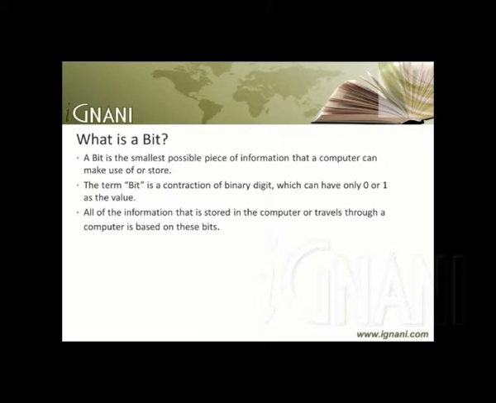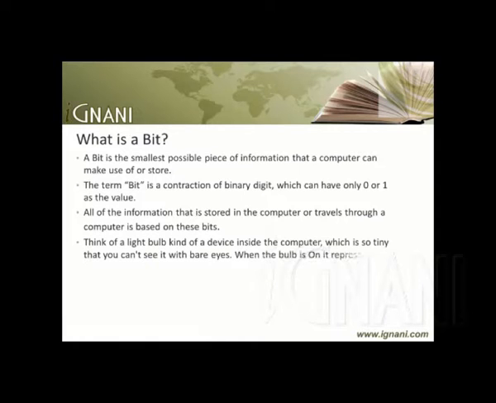But all those huge numbers, they're just made up of zeros and ones. In order to imagine how these zeros and ones are stored or transmitted in a computer, think of a light bulb kind of a device inside the computer, but it is so tiny that you can't see it with bare eyes. When this bulb is on, it represents 1, and when it is off, it represents 0.